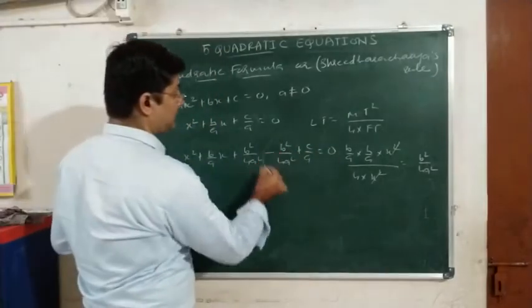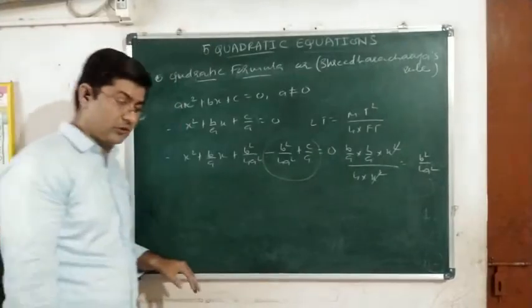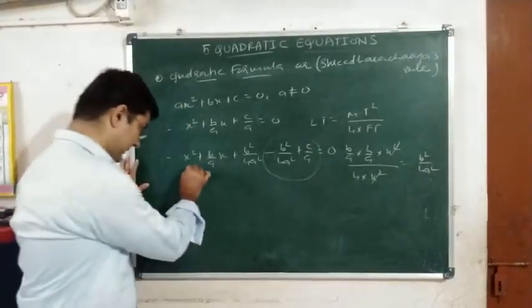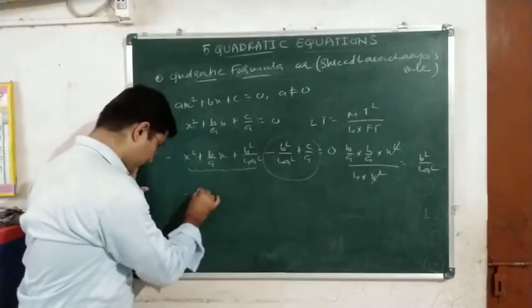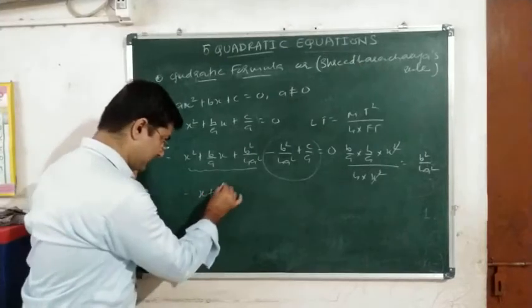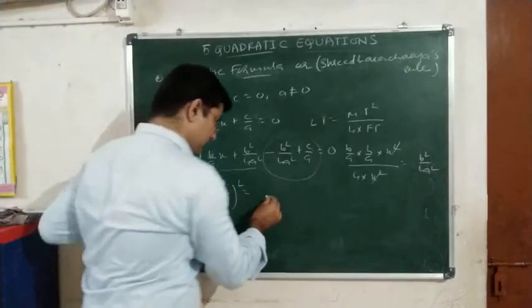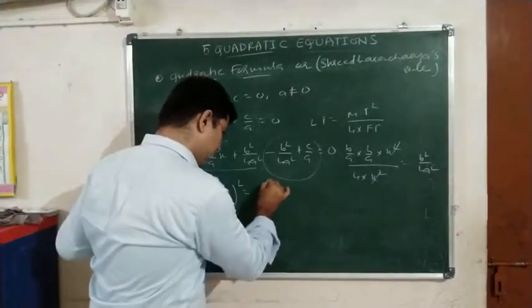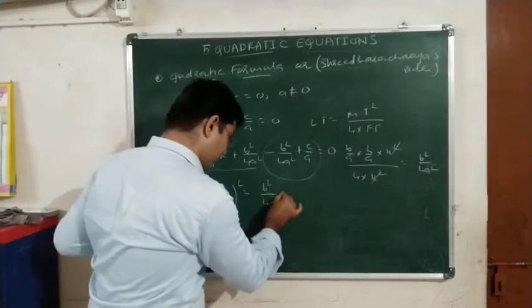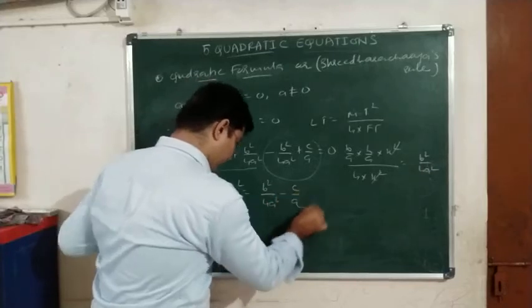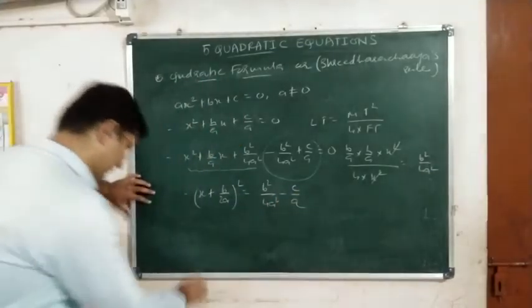Now what we can do, these two terms we can transpose to the other side, and this has now become a perfect square polynomial. So we can write this as x plus b upon 2a the whole square is equal to, on the other side, b square upon 4a square minus c upon a. Let us further simplify.